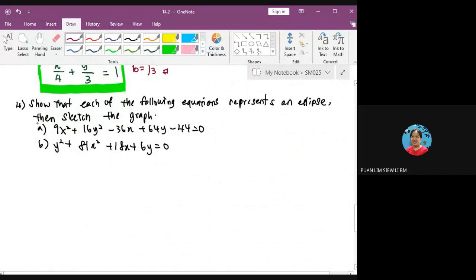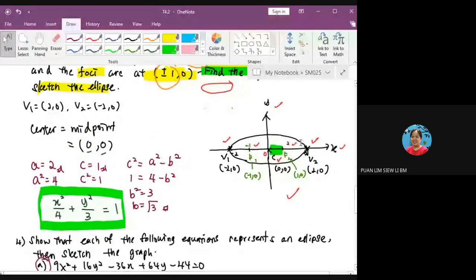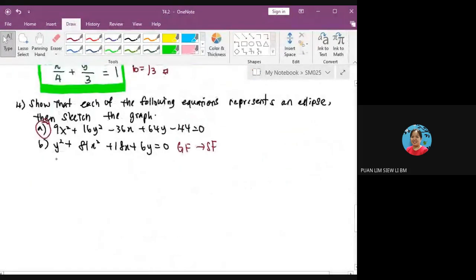A, nanti awak buat sendiri. Macam semalam ada satu kerja homework awak kena buat. Nanti saya check. So saya akan bincang yang B. Macam mana kita dah daripada general form nak balik kepada standard form. Nak balik kepada bentuk macam ni so that you baru boleh lukis. Okay, so saya bincang yang B.